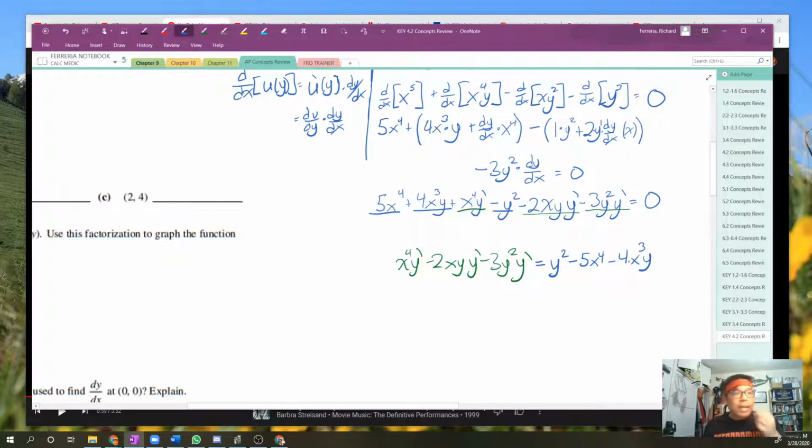On the left side, you're going to factor a y prime. So we're just basically going to cancel it out of the expression: x to the fourth minus 2xy minus 3y squared. Factored out that y prime.